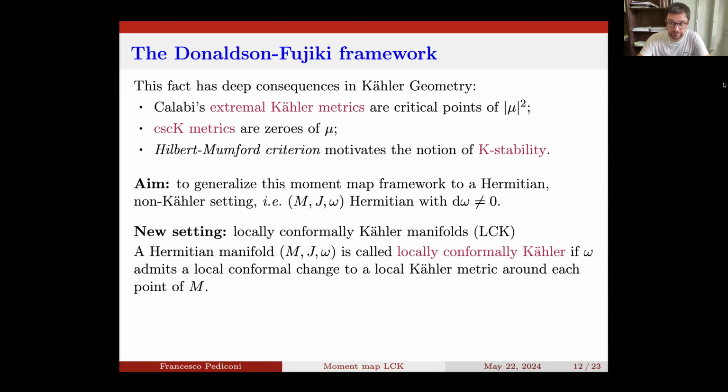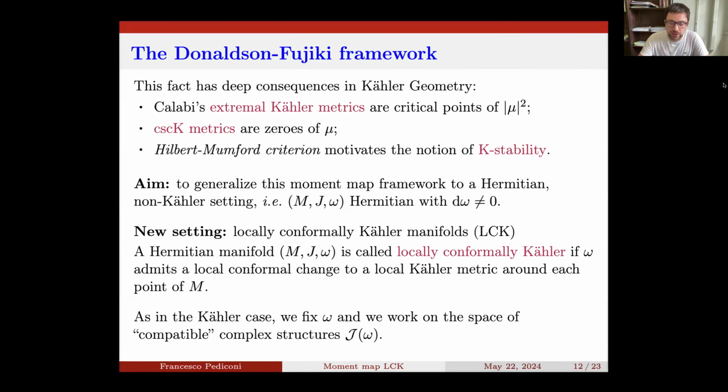So in a sense, this is like the easiest non-Kähler type of metric that you can find in the literature. And we asked ourselves whether we could provide a moment map framework for this class of metrics.